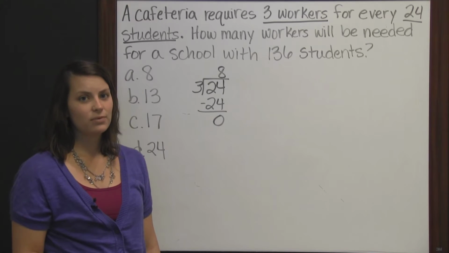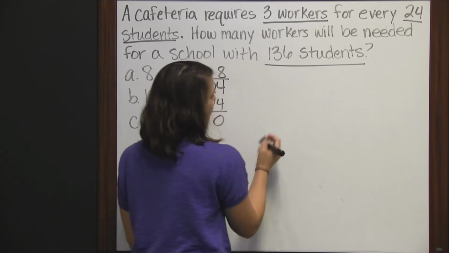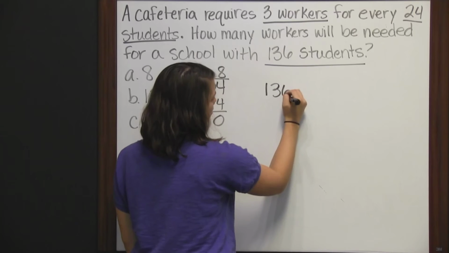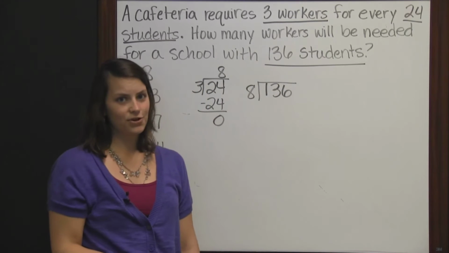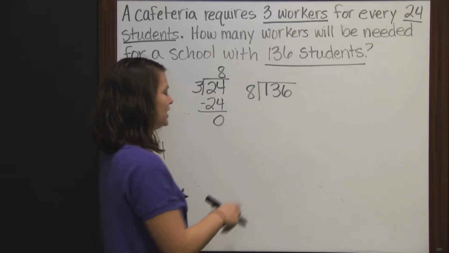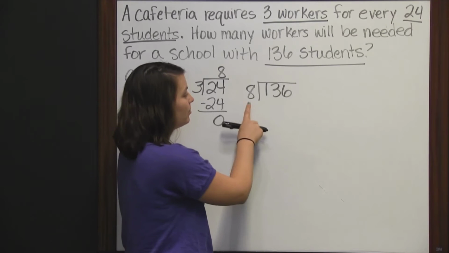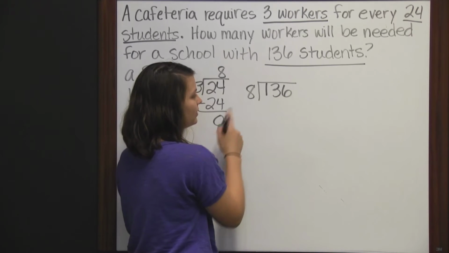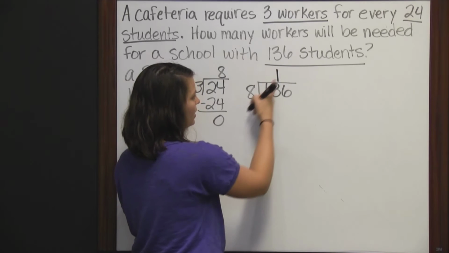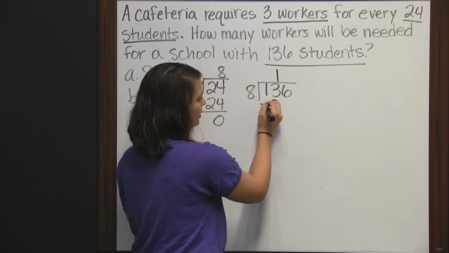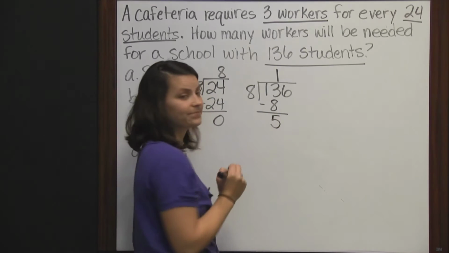With that information, we can figure out how many workers are needed for 136 students. So we take 136 students and divide it by 8 students to figure out how many workers we need. 8 does not go into 1, but it does go into 13. 8 goes into 13 1 time. 8 times 1 is 8, and when we subtract 13 minus 8, we get 5.